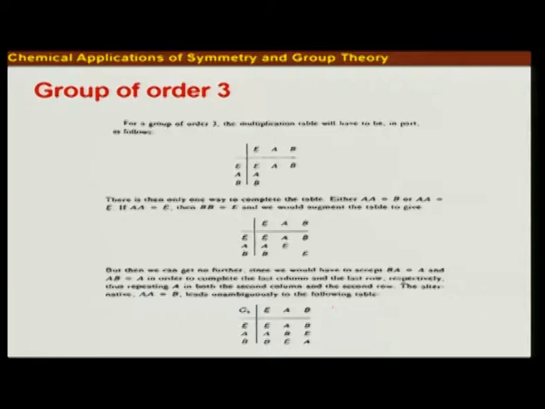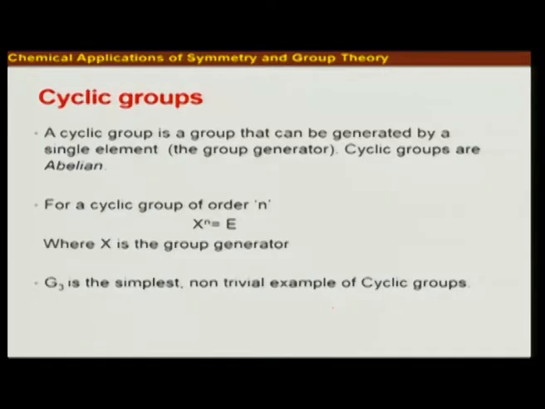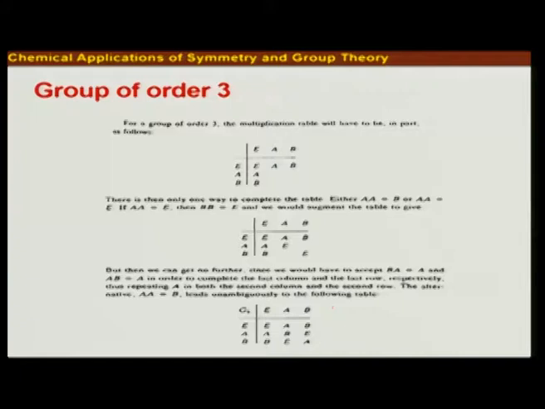Now let's look at a little higher group, that is a group of order 3. How do we form the group multiplication table for a group of order 3? Let's have a look here on your screen. First you write down all the elements along the row and the column.